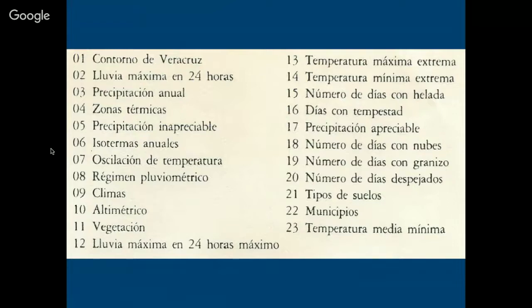Here's a list of the data sets that they assembled. The outline of Veracruz. Veracruz is a state in eastern Mexico where a lot of this activity was focused.